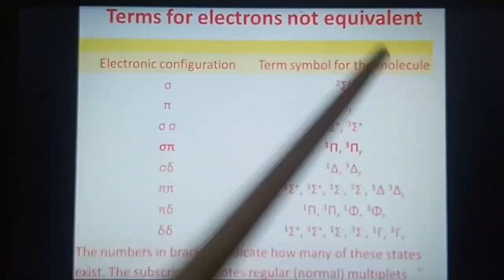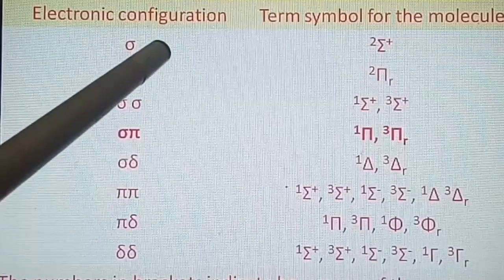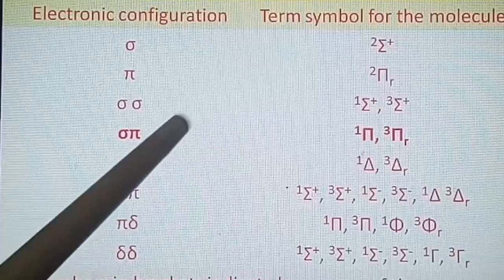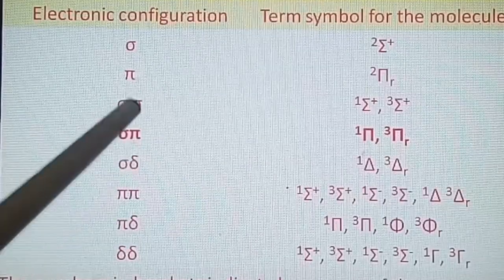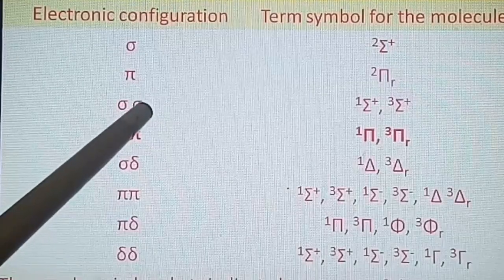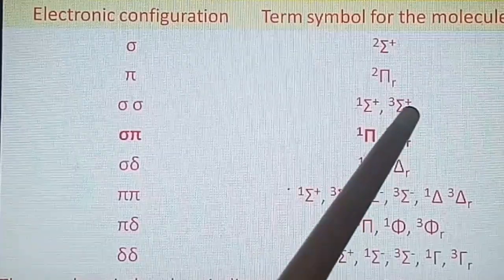Terms for non-equivalent electrons. If the electrons are present in non-equivalent orbitals, that is, of different energies, like sigma and sigma, it means one electron is present in one sigma, another electron is present in another sigma, but of different energy, then the term symbol will be there.